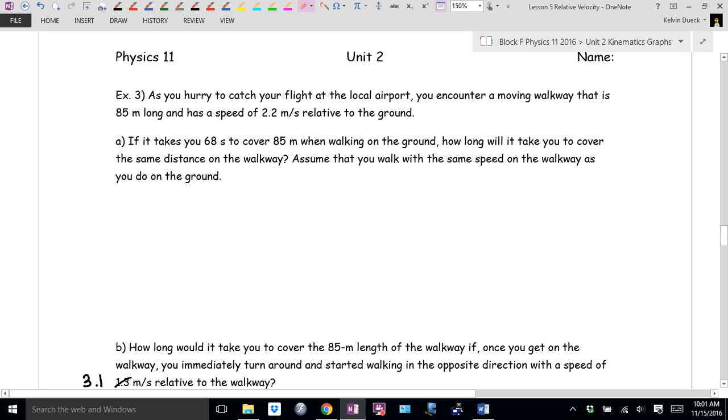All right. Let's use our DFIC approach. Let's list things. What's this question asking us to find when it says how long? Let's write down T equals question mark. I guess the distance we're going to cover is 85 meters.